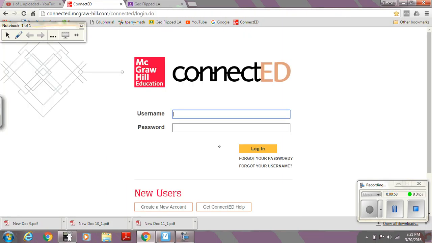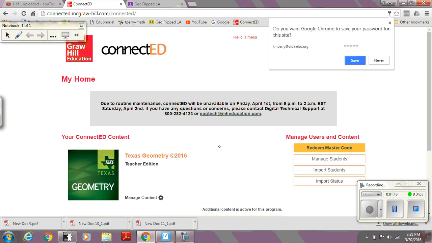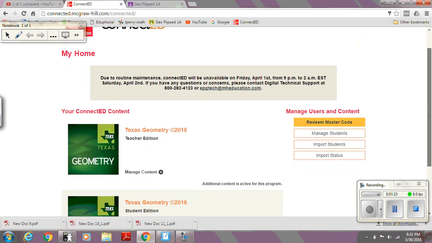So when I log in as myself, I'm using my email address. However, yours looks slightly different. As soon as you log in, depending on how many textbooks are under your name, you'll see them listed.